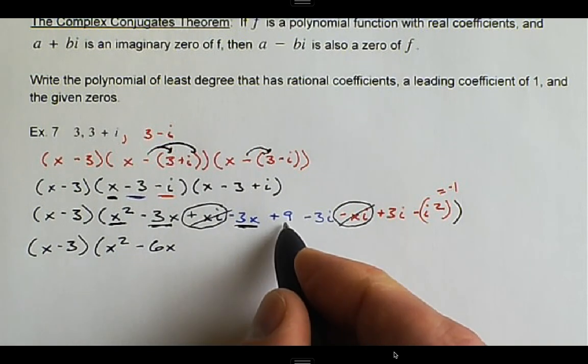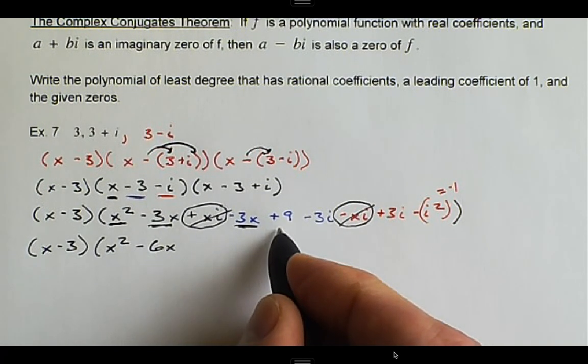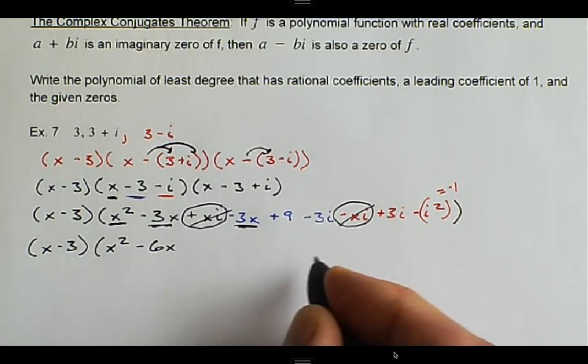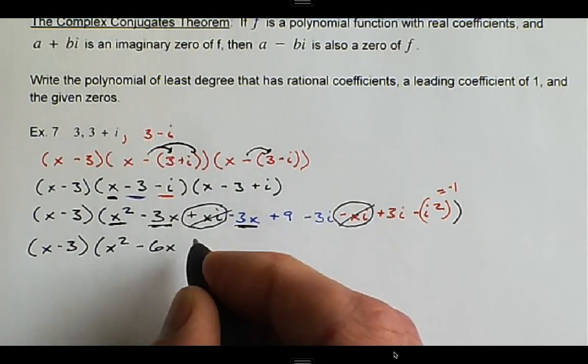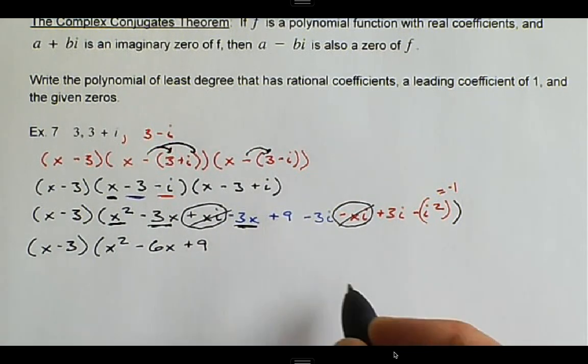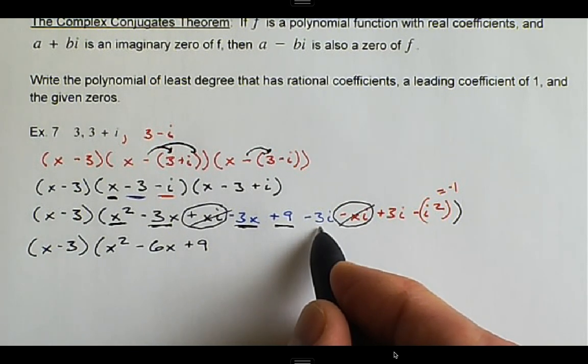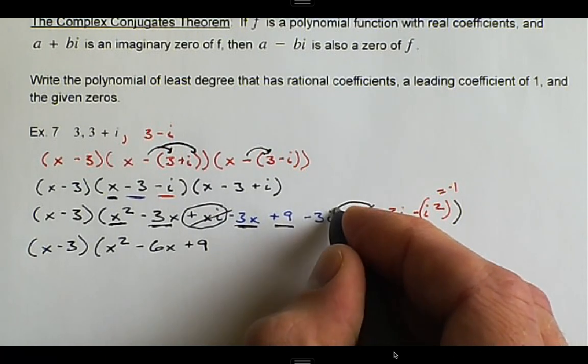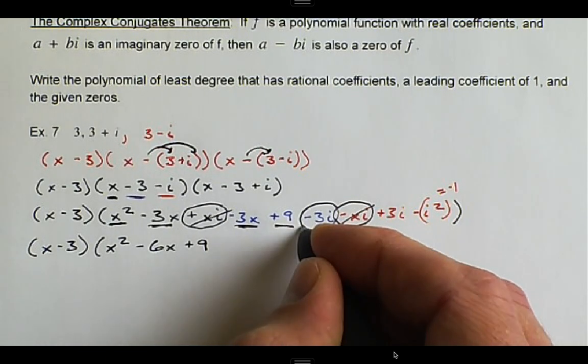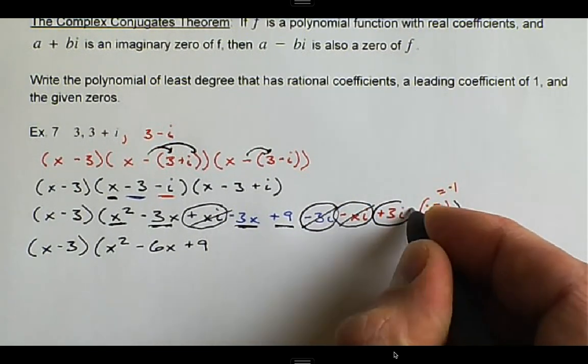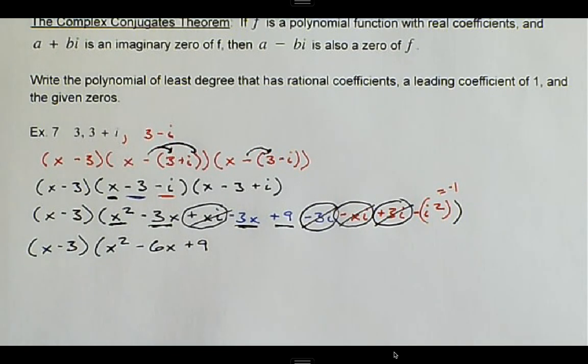The next thing we come to is a positive 9. We don't have another one, so I'm going to write down the plus 9. Then we come to a negative 3i. We have a positive 3i, so our negative 3i and our positive 3i cancel each other out.